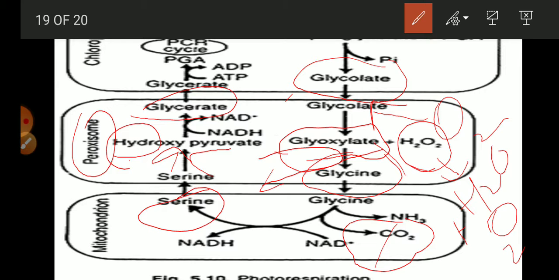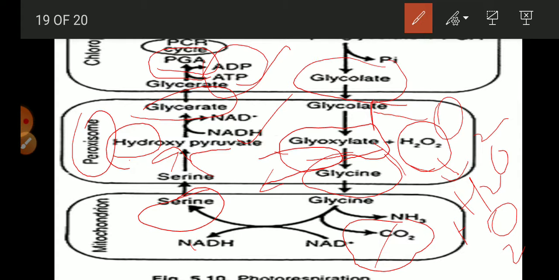Then this glycerate will again move to the chloroplast, and here ATP is utilized, and glycerate will change into PGA. Actually, this PGA is the compound which moves on into the Calvin cycle to make RuBP. So we say that this is an energy consuming cycle, because here ATP is utilized, and NADH power is also utilized.